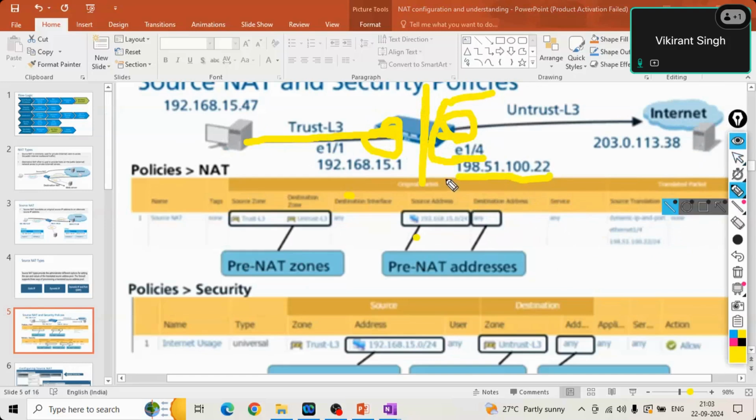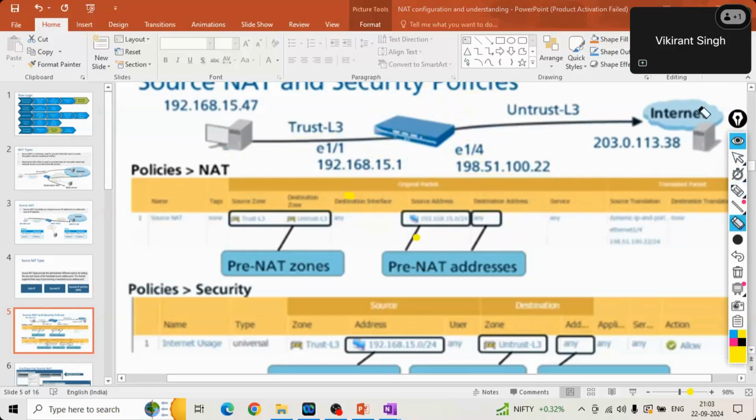This will be your interview question if you look for any other jobs. They will give you this diagram, with everything removed, and ask what will be the translation IP, what will be the source IP, what will be the source zone, what will be the destination zone.